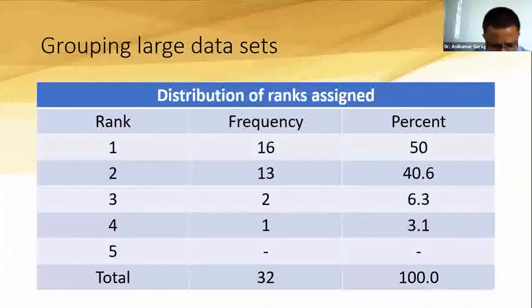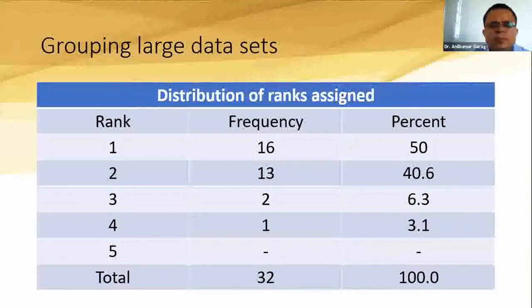So what basically is being done here is those people who said first rank or who gave rank 1 are 16 and they are 50%. Those who gave rank 2 are 13. So basically you are describing all the 32 people, how they have ranked up for an attribute in the question.